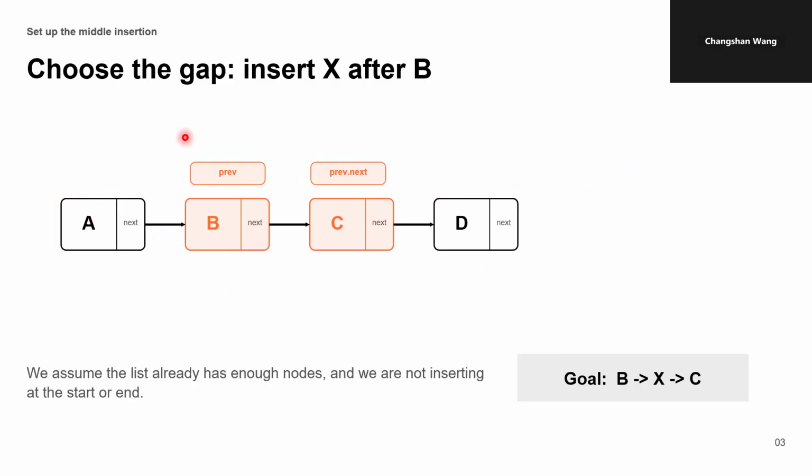So in this existing list, we want to change two nodes to insert a new node between them.